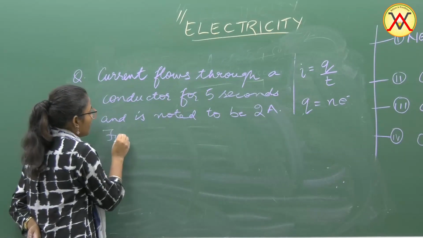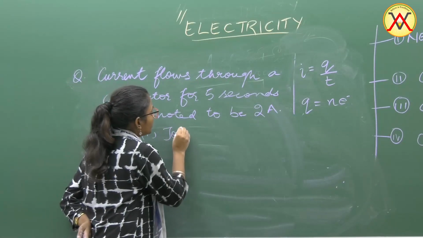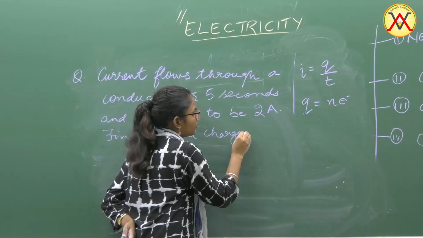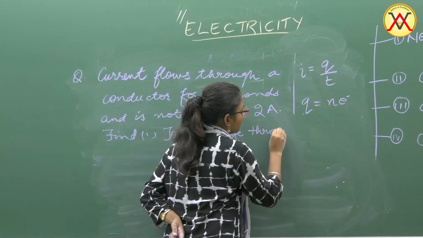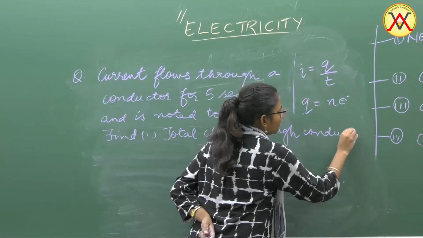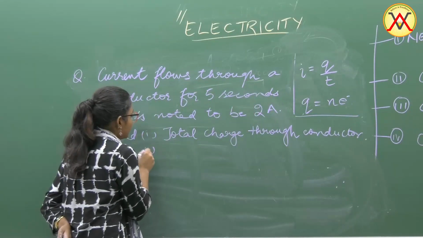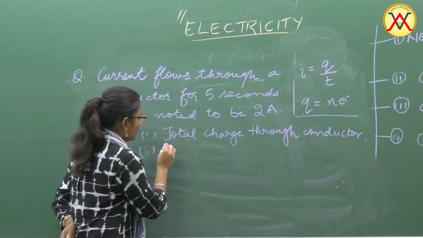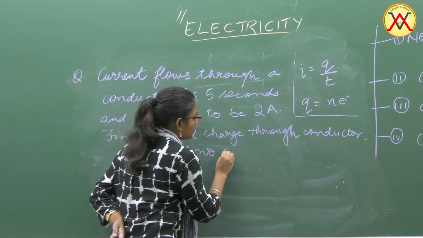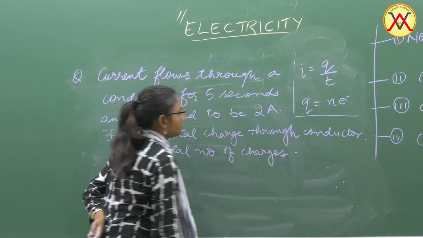We need to find out, number 1, total charge through the conductor. Number 2, total number of charges through it. Okay.